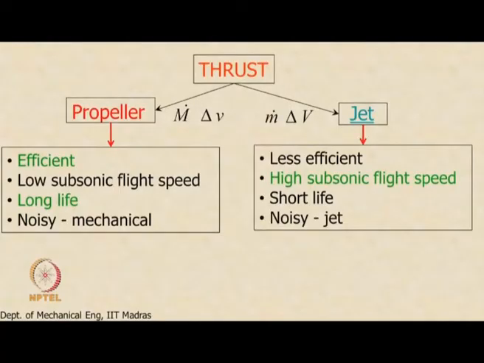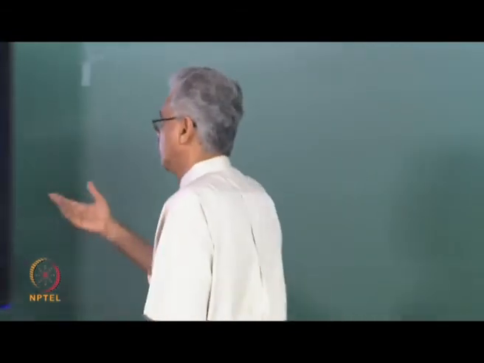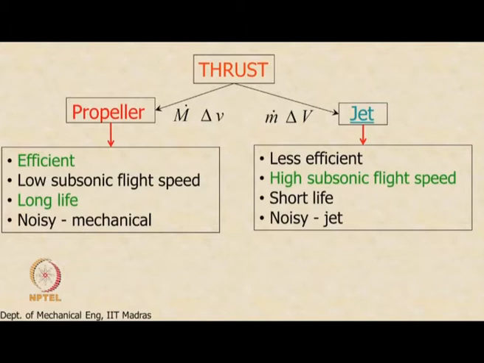Because very high speed air is coming out of the engine and mixing with the ambient, that mixing noise is very loud, probably comparable to the kind of noise that a propeller engine makes. The origin of the noise is different between the two, but probably the intensity is more or less the same. In the first case, this noise is felt by the passengers sitting inside the aircraft, and in the second case it is felt by people living next to the airports. That is the only difference between the two.